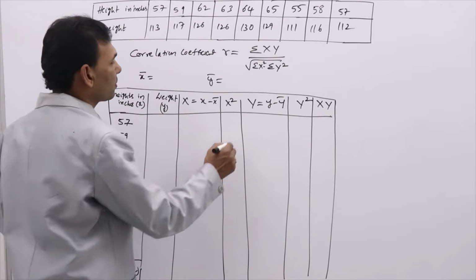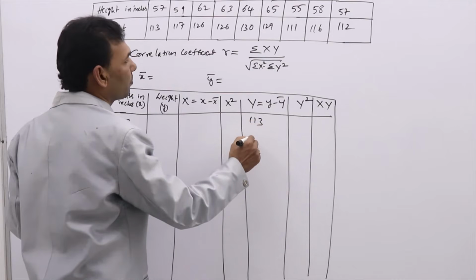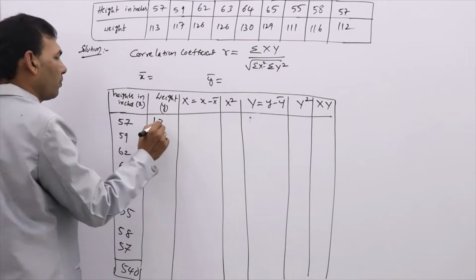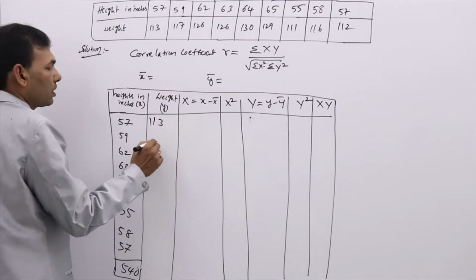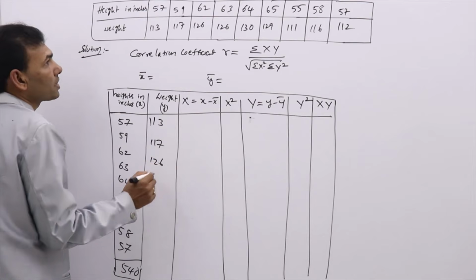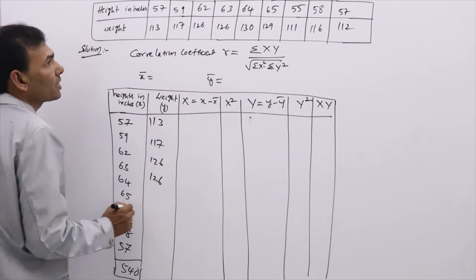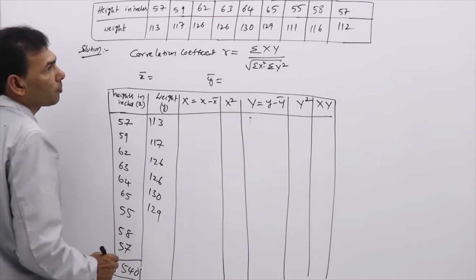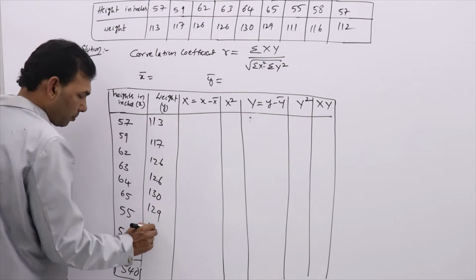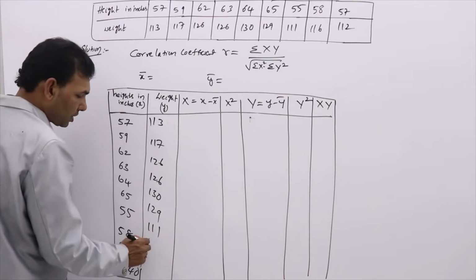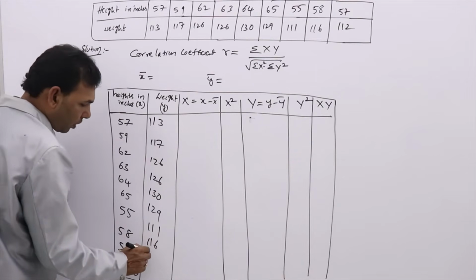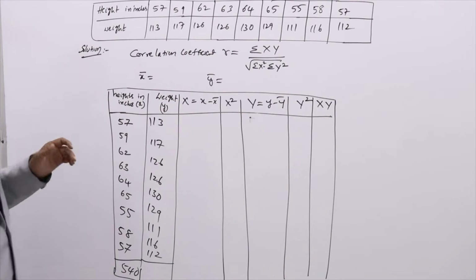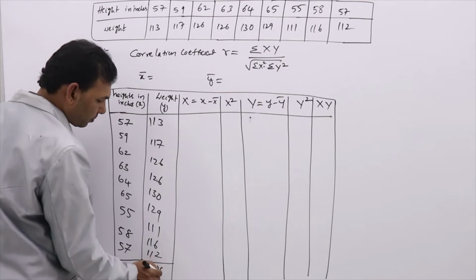Similarly, Y values are here: 113, 117, 126, 126, 130, 129, 111, 116, 112. So the grand total you will get is 1080.